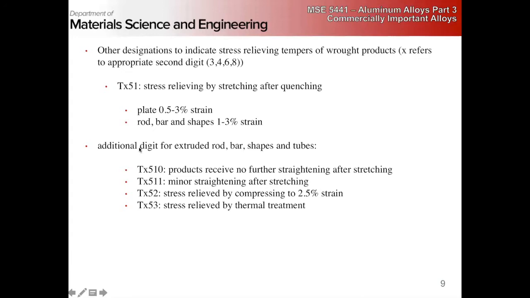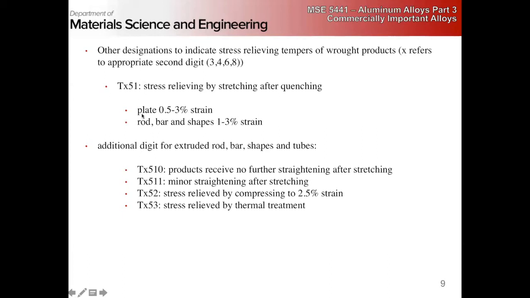Right? So other designations indicate stress relieving. If we have X as the appropriate digit, T451, for example, means it would be in the T4 state: solution heat treatment, quench, natural age, and then it's stress relieved by stretching after quenching.